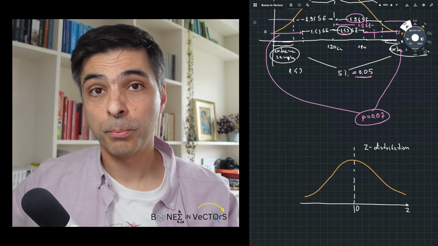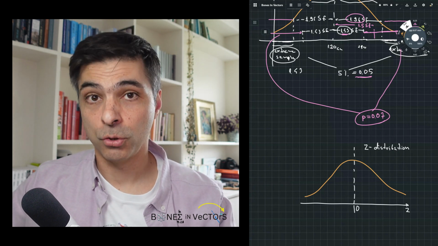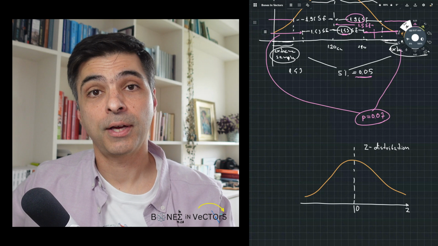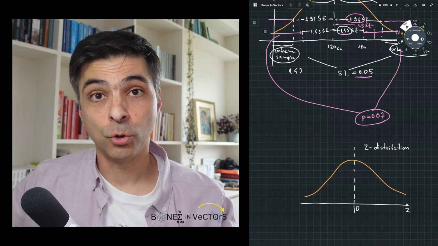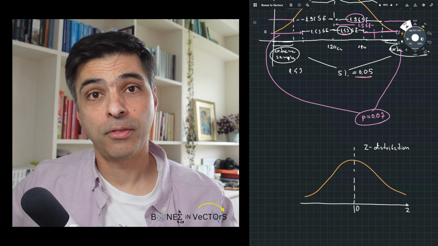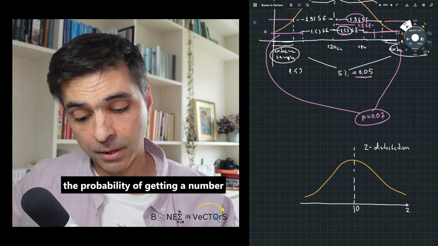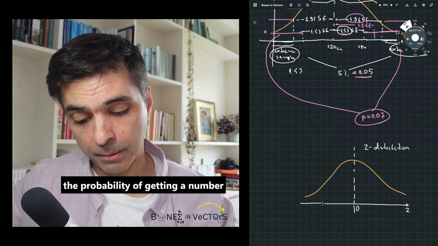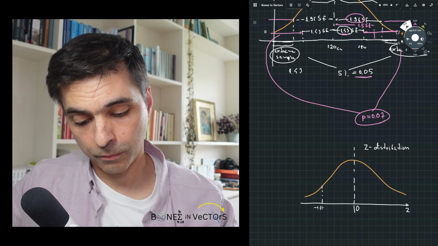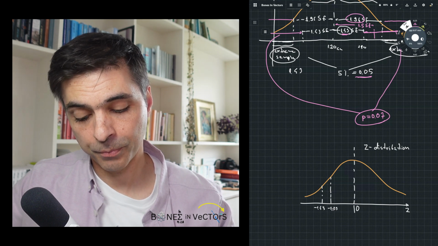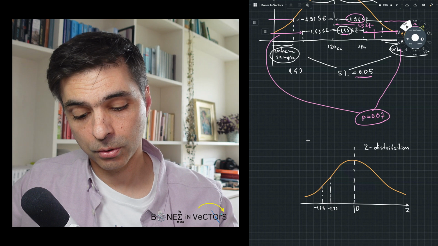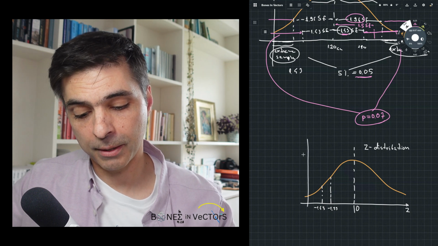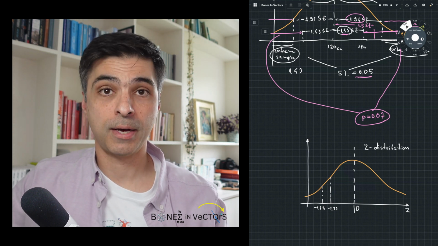Now, another property of the z distribution is that we draw it in such a way that getting a number, let's say between minus 1.43 and minus 1.33, is not represented by a value on the y-axis.